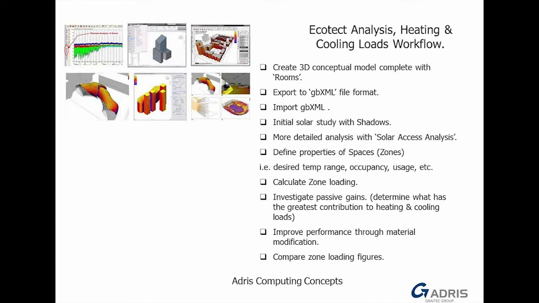Then possibly we might want to improve the performance of the building, possibly by making some modifications to the materials used. And then we would compare the figures. And we might run through this several times to get an overall analysis based upon which material we use would determine the overall figures.